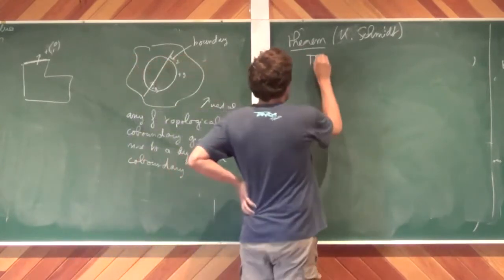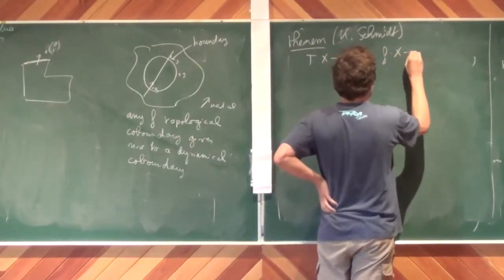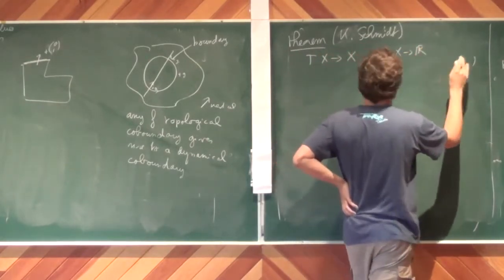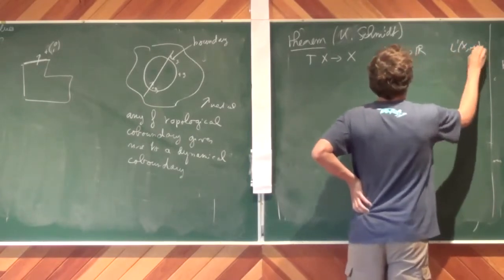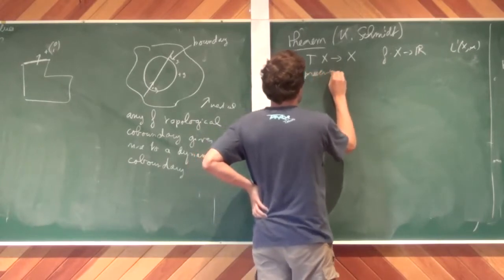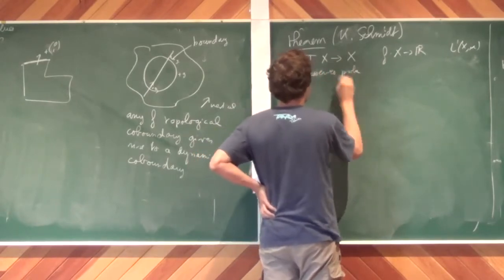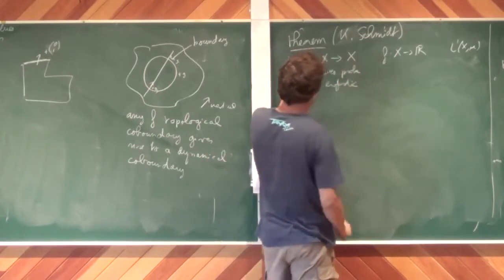So you have the same T as before. You have an F, let's say that it is L1, and T preserves a probability measure mu, and mu is ergodic, and T is invertible. It is an IET.